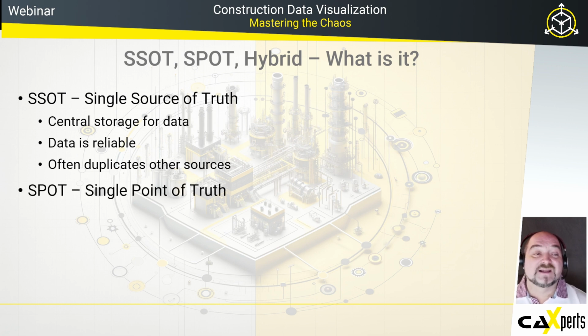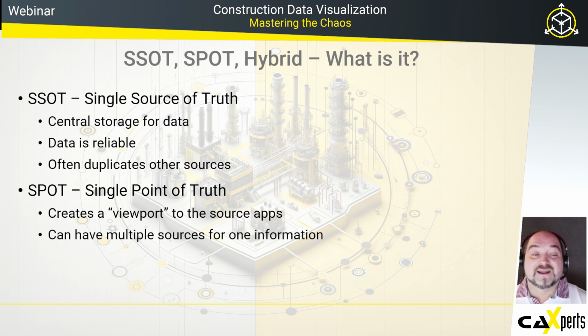Then there's the single point of truth, the SPOT, which actually follows a different approach. That means it creates a viewport to the source apps or the sources themselves. So the downside for this is that a single point of truth, if badly set up, can actually have multiple sources for the same information.